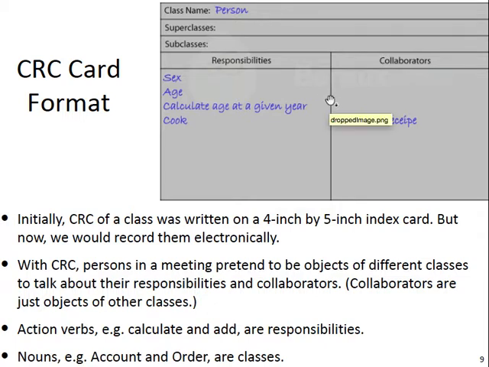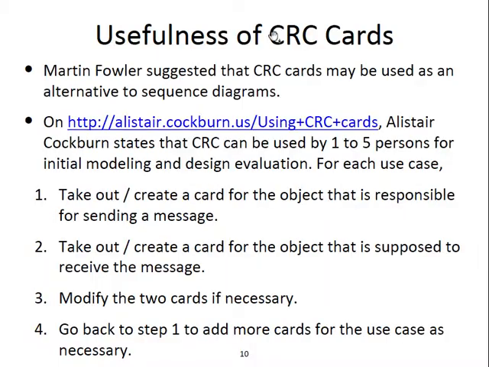So each person gets 1 or 2 cards and they role play. They pretend to be that person. And then through discussion, each person would focus on thinking about what that class should do.